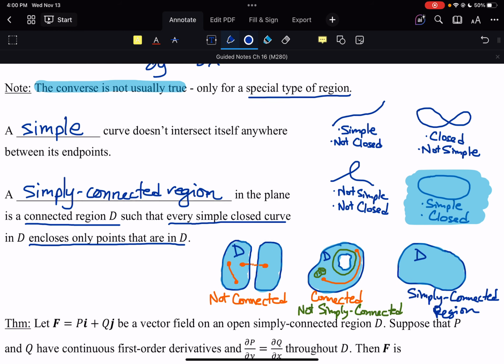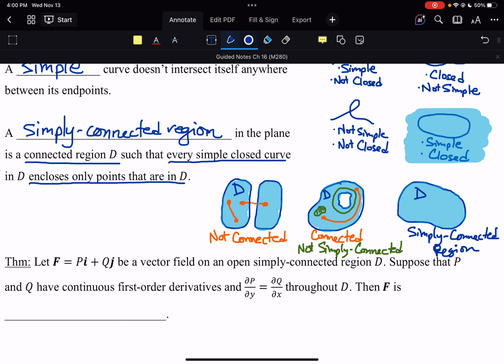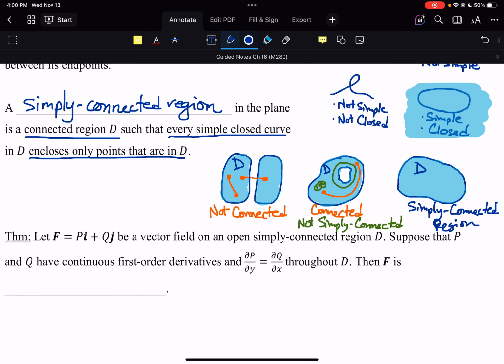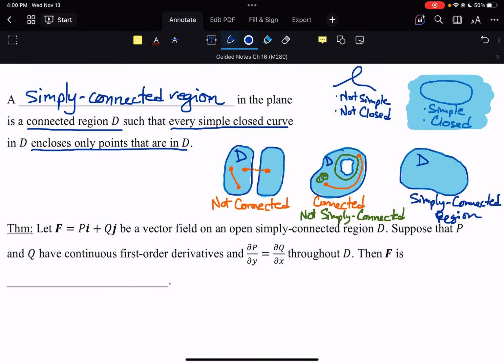So now the payoff for all of these different definitions comes in the form of this theorem. Let F be a vector field on an open, simply connected region D. Suppose that P and Q have continuous first-order derivatives, and assume that partial P with respect to Y equals partial Q with respect to X throughout D. Then F is conservative.